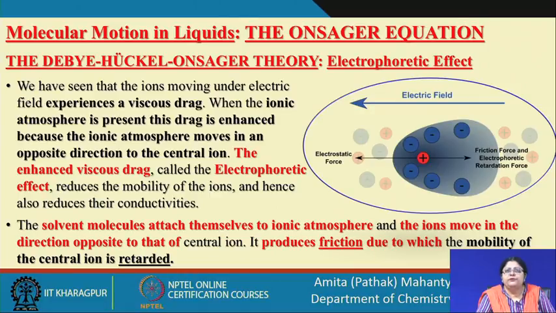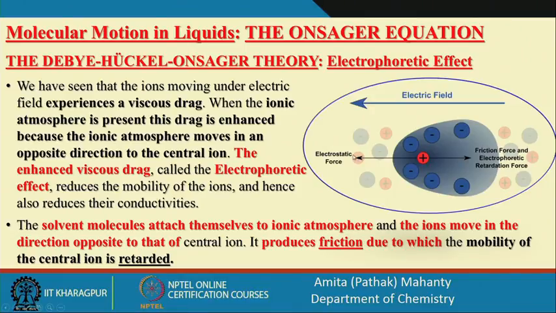And with the electrophoretic effect, this not dispersed ionic atmosphere gets associated with some solvent molecules, and these solvent molecules attached to the ionic atmosphere will move in the opposite direction, and hence will try to retard the motion in the direction of the applied field. So, we have produced a friction due to which the mobility of the central ion is retarded.